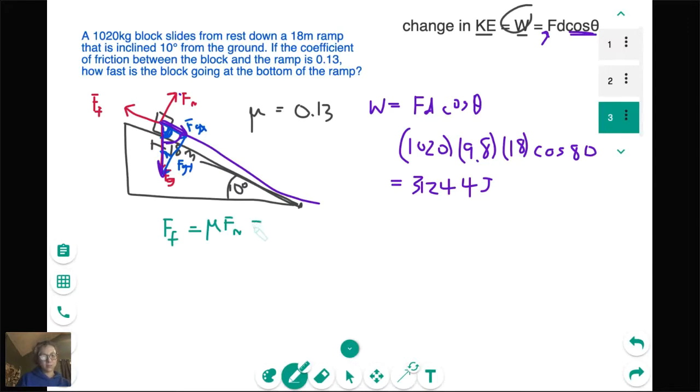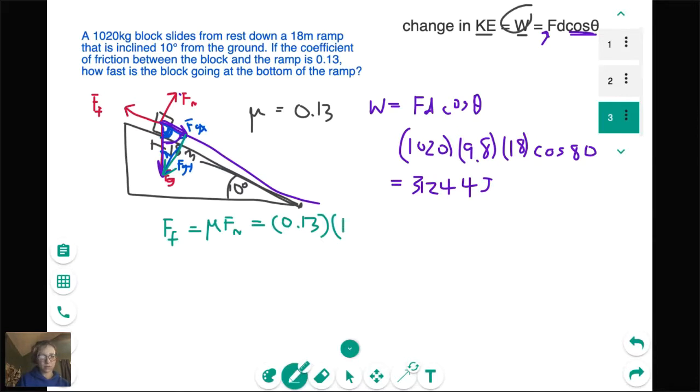So the normal force is going to be equal to the y component of gravity. Therefore, it's going to be Fg times the sine of 80 degrees. So I'm going to plug in all of that at once. I've got my coefficient of friction, 0.13. And then my normal force, which is the y component of gravity.